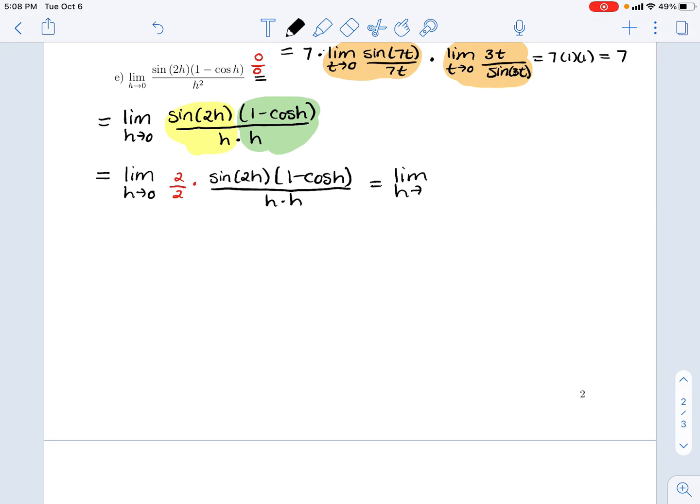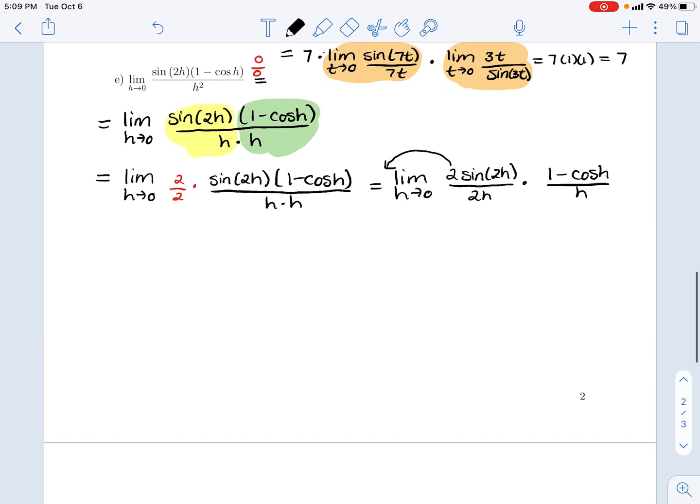And so now I'm going to rewrite this in a way that looks a lot better. So this is 2 sine of 2h all over 2h times 1 minus cosine h all over h. And so I'm almost there. I just need to bring this 2 to the front, because I want to have it looking like the limit as h approaches 0 of sine of 2h over 2h.